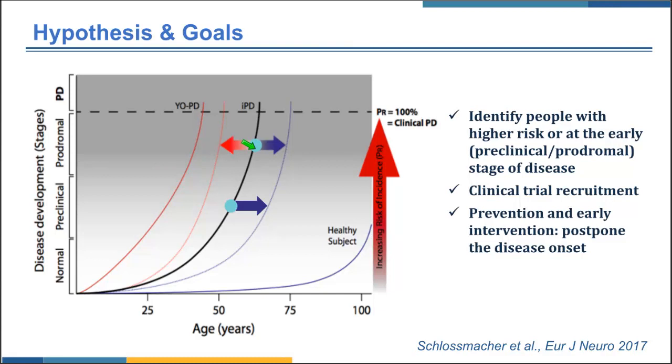Because at the stage when they are diagnosed with PD, there may already be 60 or 80% loss of the cells that produce dopamine. At this stage, curing the disease may be quite difficult because they already have a high level of cell loss. So it is ideal to find people at the earliest stage possible, and then to have some prevention and intervention.